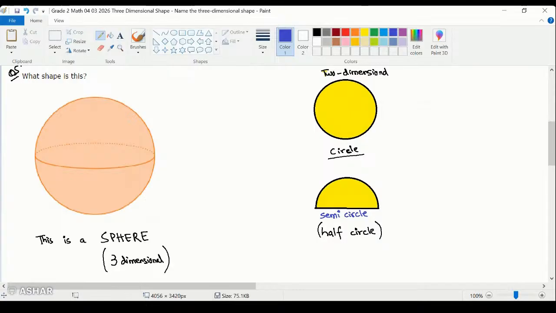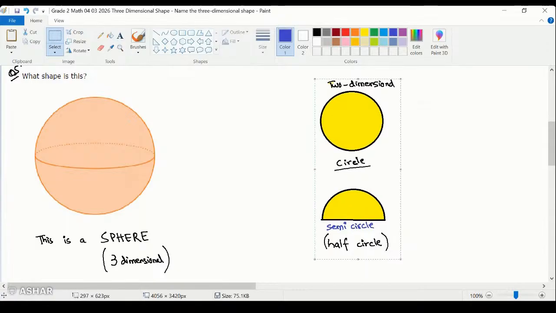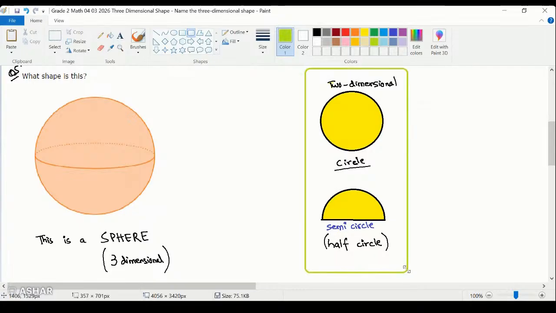There's a reason why we are doing this, because we are also studying three-dimensional shapes, right? This was for two dimension, agreed? But now in question number 6, what is the name of this shape?